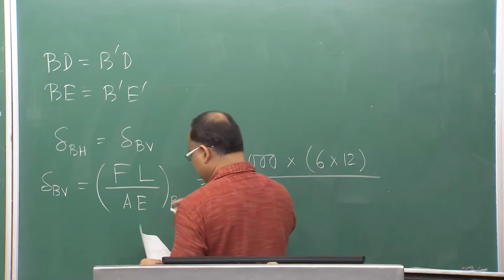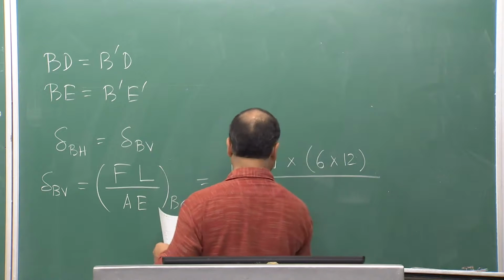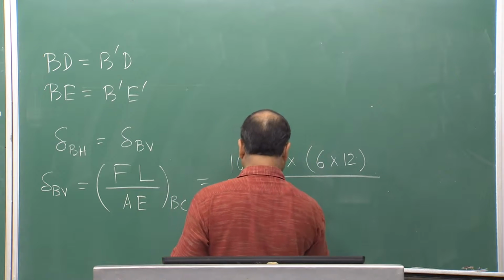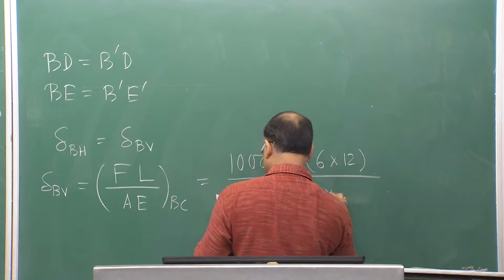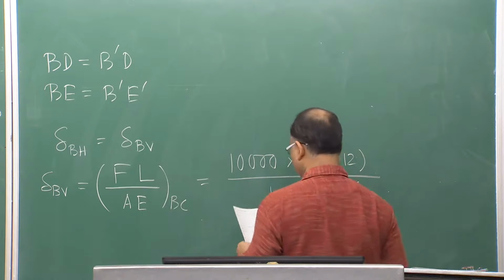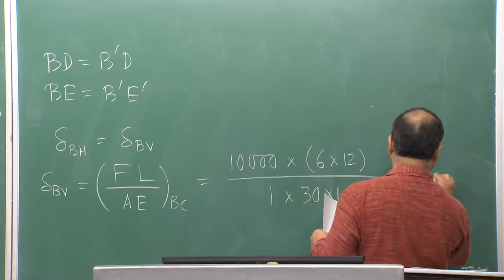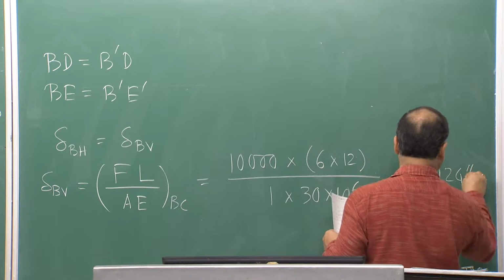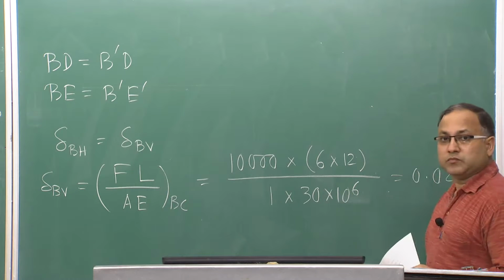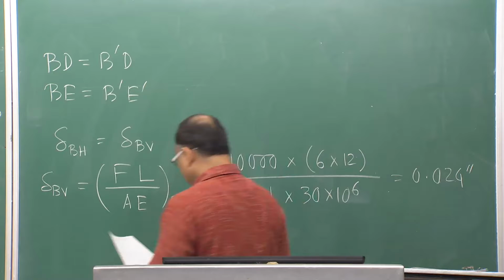The area is 1 inch squared, times E, which is 30 into 10 to the power 6. That comes to around 0.024 inch.